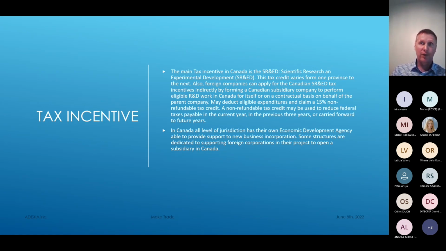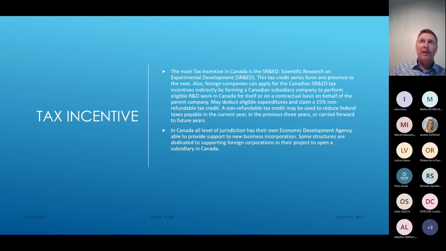Either federal or provincial, it doesn't matter, but you need to have a company incorporated in Canada to be able to benefit from those tax incentives. And they are pretty interesting, to the extent that they are comparable to what you can find in markets like France and Brazil. Canada is right there in terms of tax incentives on R&D.